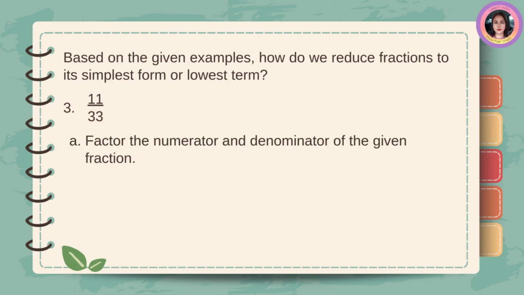Example number 3, 11/33. Factor the numerator and denominator of the given fraction. The factors of 11 are 1 and 11. The factors of 33 are 1, 11, and 33.